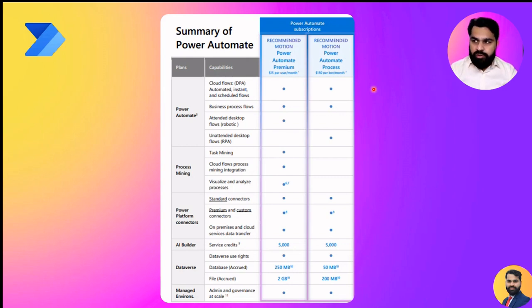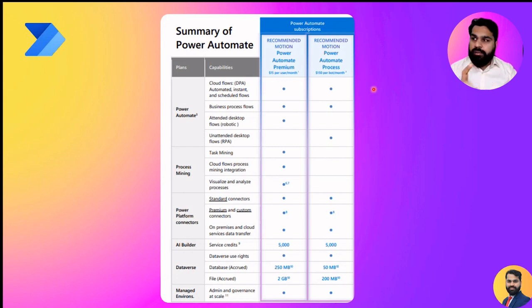So in this particular case, any Power Automate which has premium or standard connectors will be running under the user who is clicking the button on the Power Apps, on the user context of that. So Power Automate will automatically understand whether the user who has clicked the button on Power Apps has the particular premium license or not.